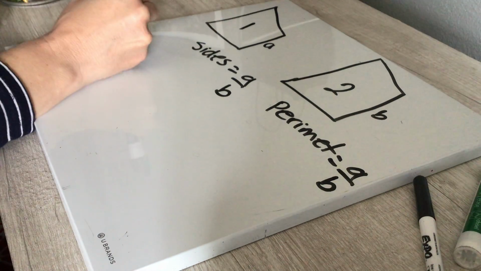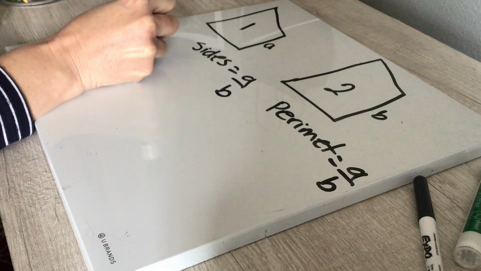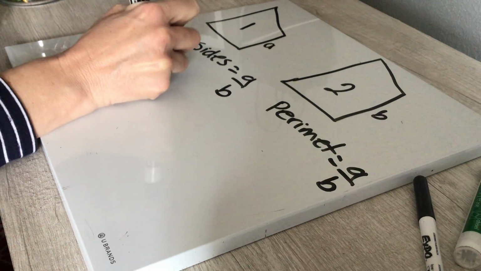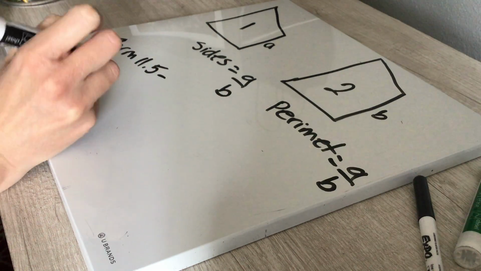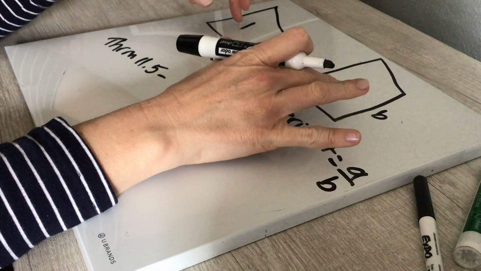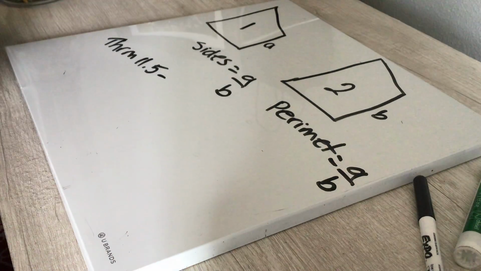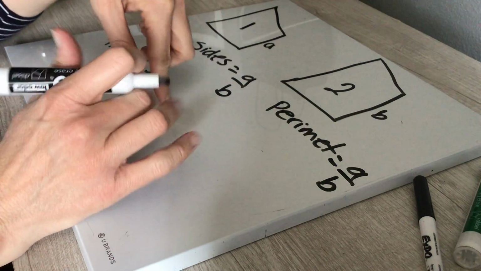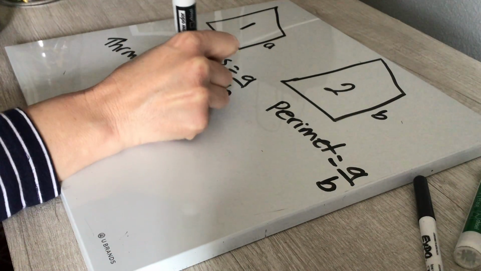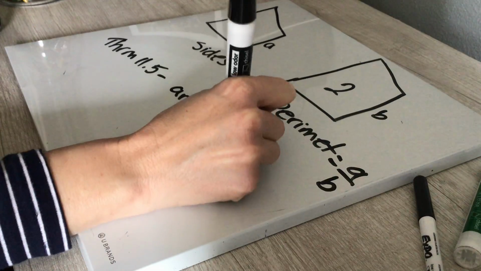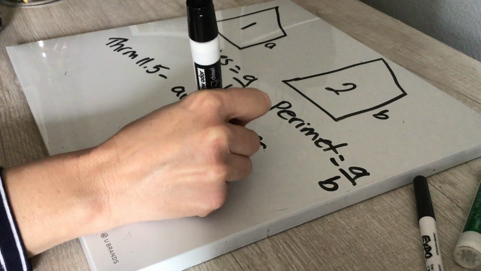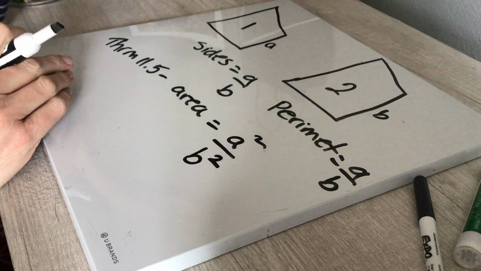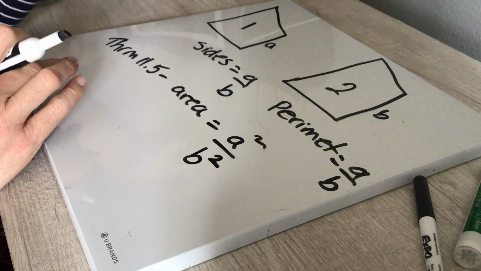But when you have area, and this is theorem 11.5, it tells us that if you have two similar polygons with their sides in the ratio A over B, then the ratio of their areas is going to be A squared over B squared, because area is just square units.